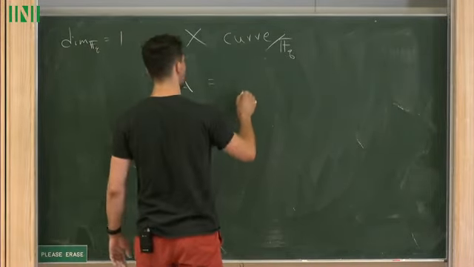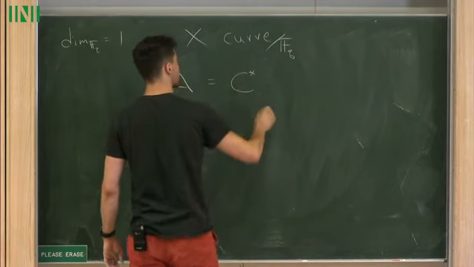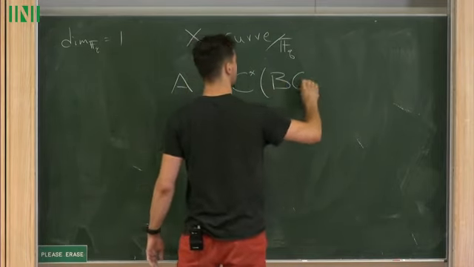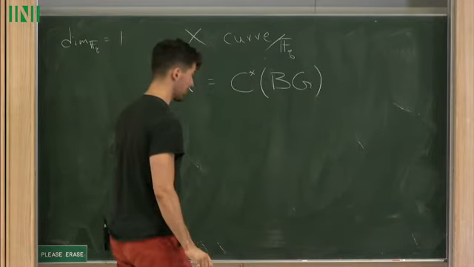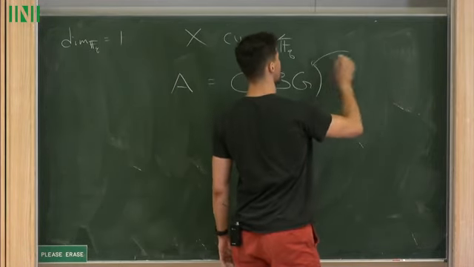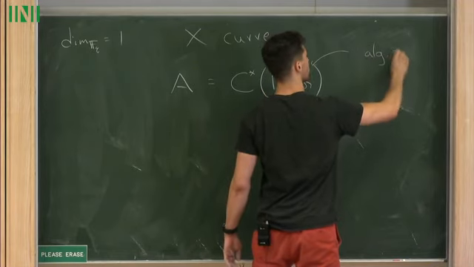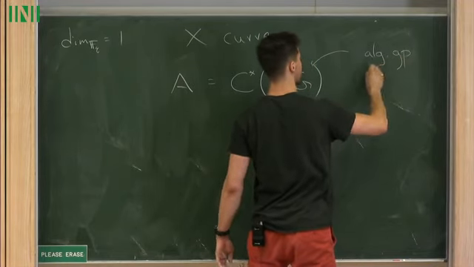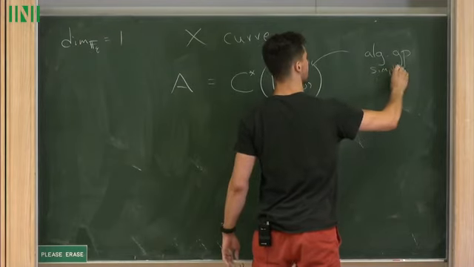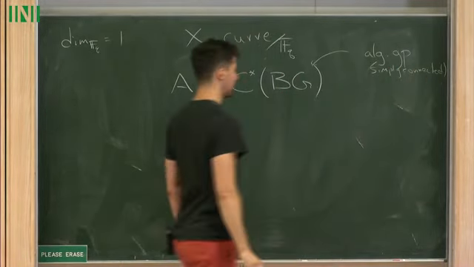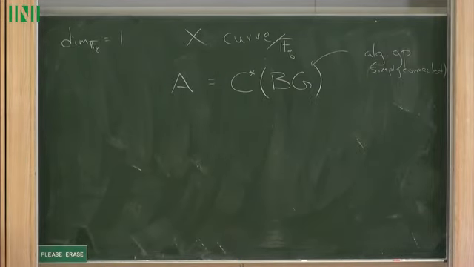I'll just consider an interesting example of A, which is the l-adic cohomology of the classifying space of an algebraic group G. So let's say G is an algebraic group, maybe semisimple, simply connected, at least for the purpose of the theorem I'm about to state.